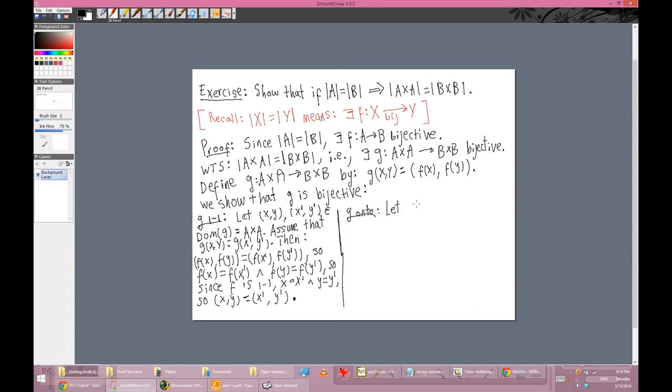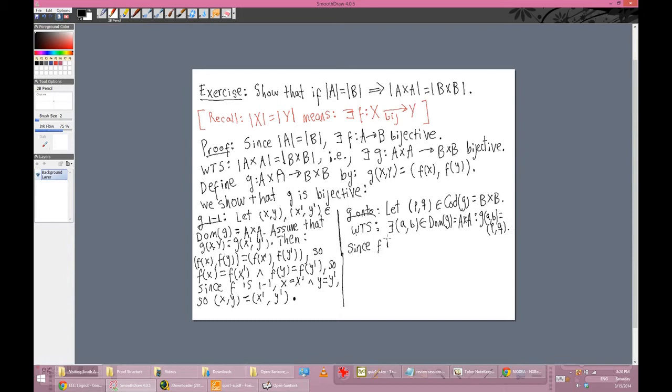Now let's prove that G is onto. We start with a typical element in the codomain, which in this example is B squared, or B cross B, which is the same. So let's call this (p, q). We want to show that there is some (a, b) in A cross A such that the function maps (a, b) to (p, q).